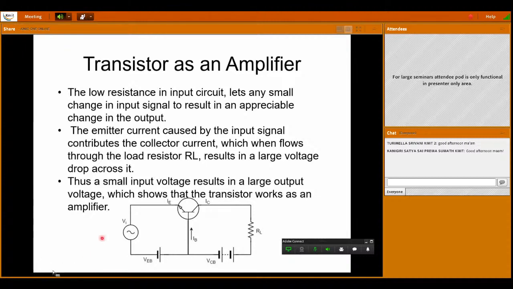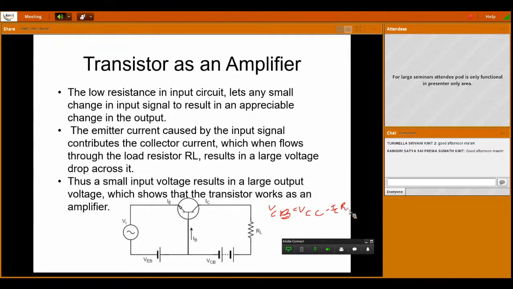So now, what is the amount of voltage we can have at the output? VCE is equal to VCC minus IC RC. In the common base configuration, the output voltage is VCB, which is equal to VCC minus IC into RL.